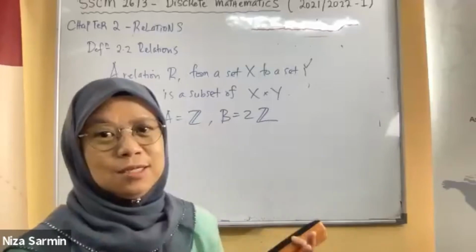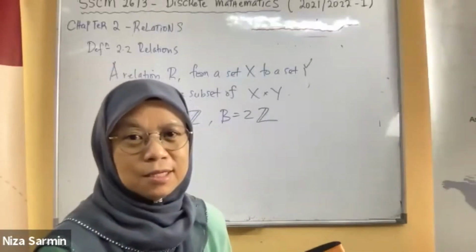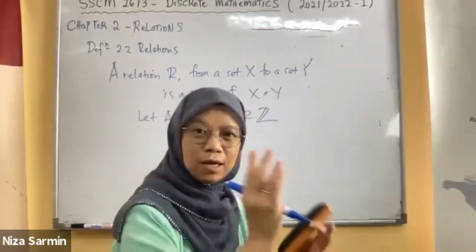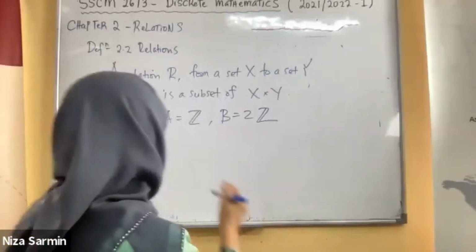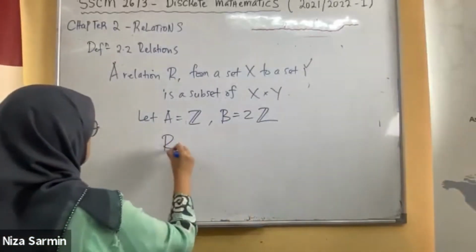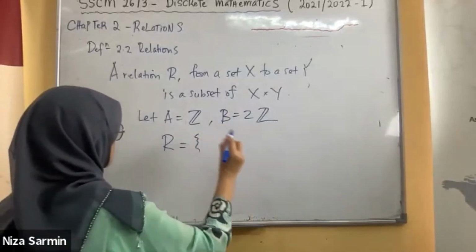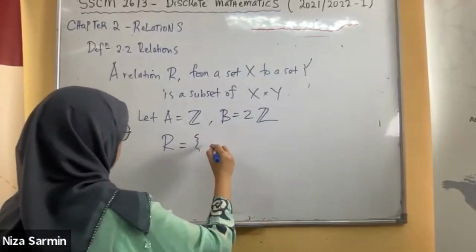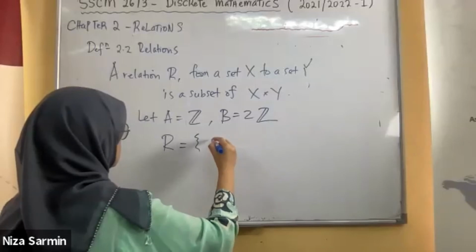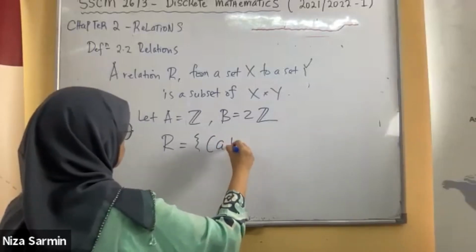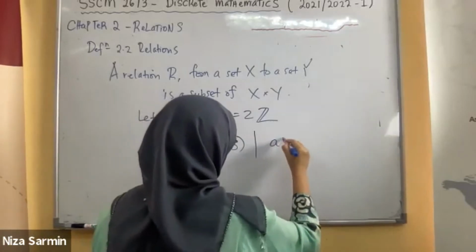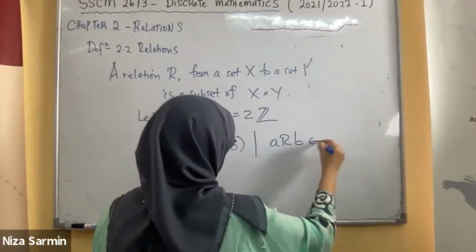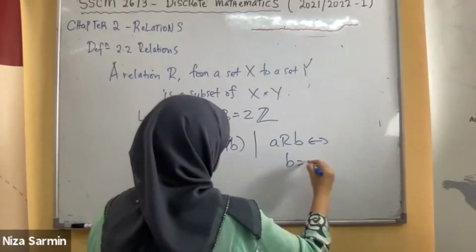How do you list the elements? Okay, so if you have X and Y is 2X. Okay, this relation is A comma B, where B is 2A.